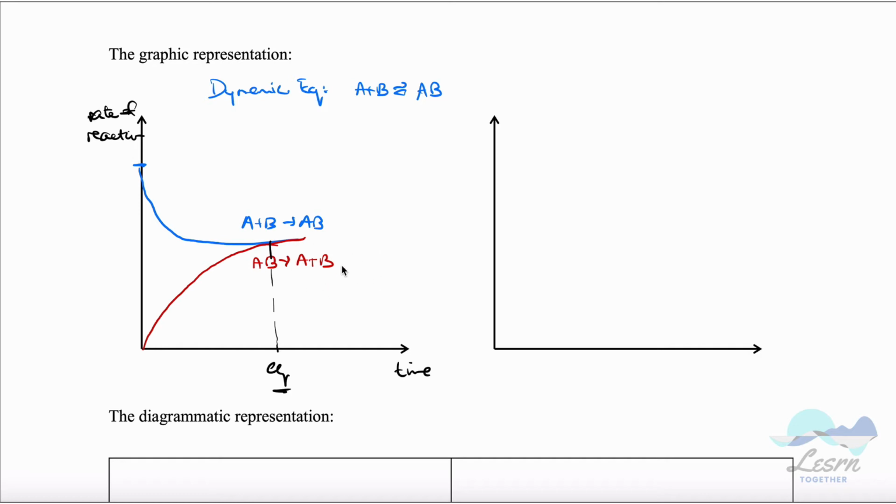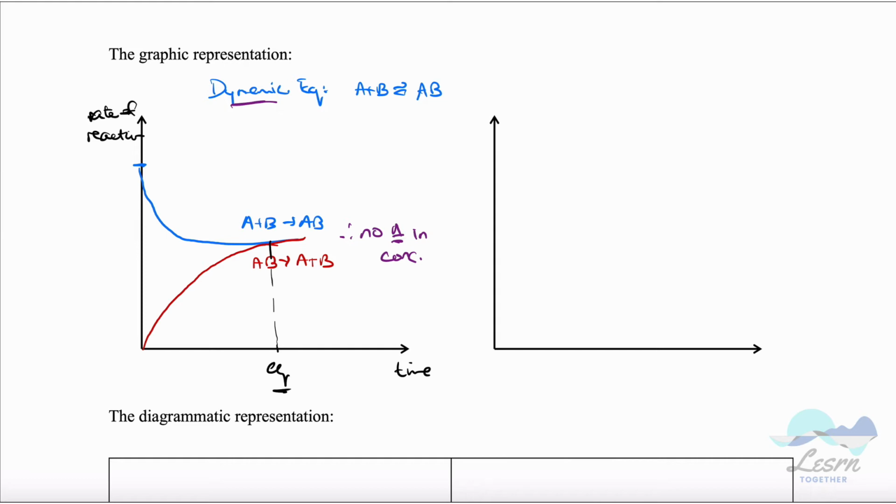So the reactants are forming products at the same rate that the products are breaking down to form reactants. So that's why at this point there's no change. This triangle means change, so no change in concentration. That's why there's no change in concentration, because there's still something going on. That's why it's a dynamic process. Your reactants are going to form your products, but at the same rate, your products are breaking down to form your reactants.